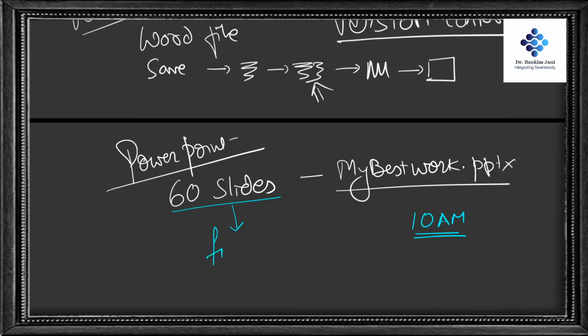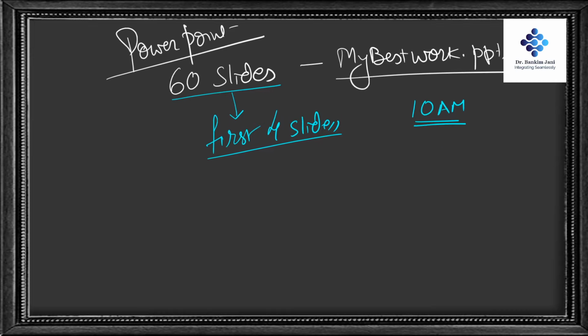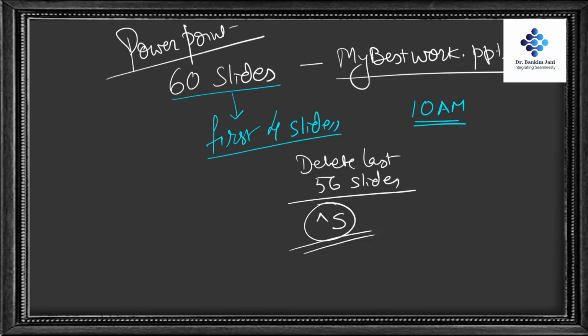I need to give the first 4 slides, right? And that is having my introduction. So you'll open PowerPoint, and you'll delete the last 56 slides, and then you'll do Control S. Boom, gone.